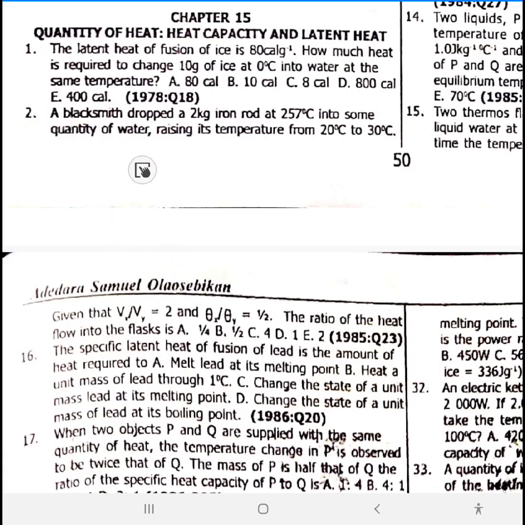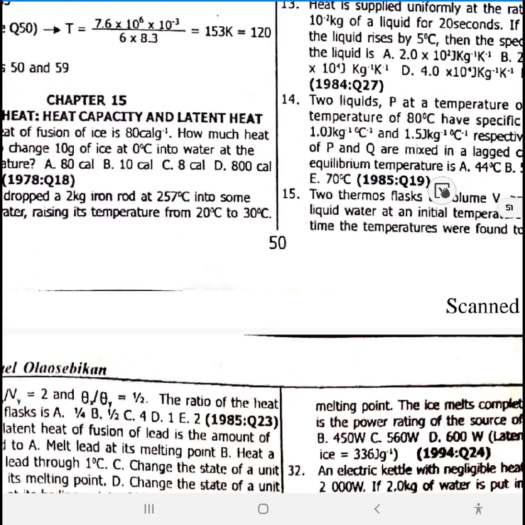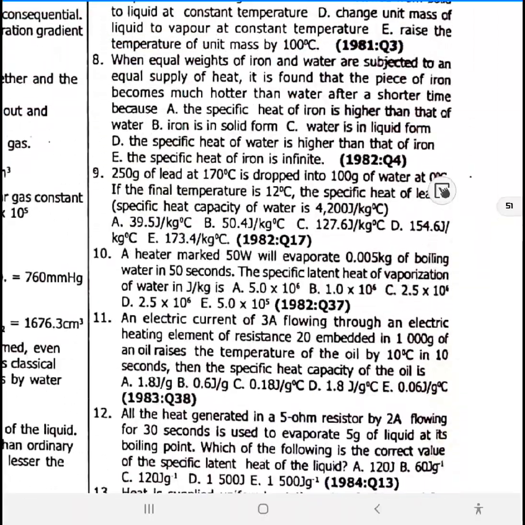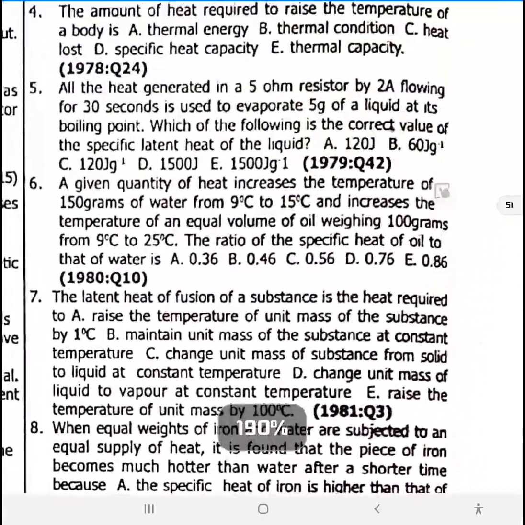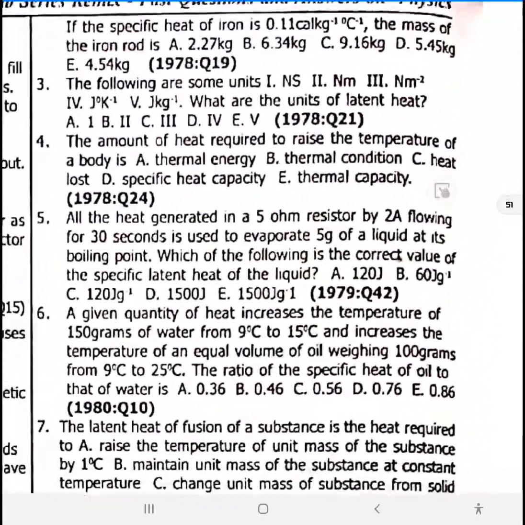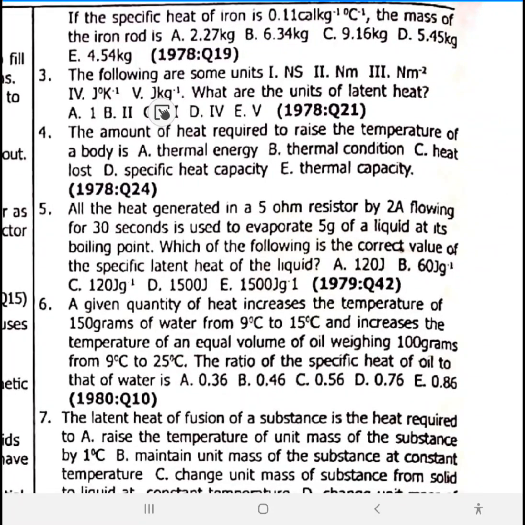Number two, similar thing. Number three, the following are some units.